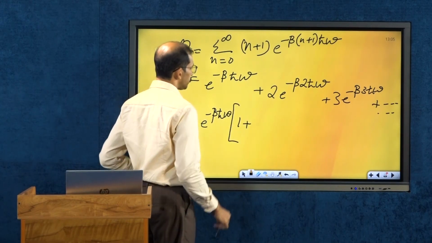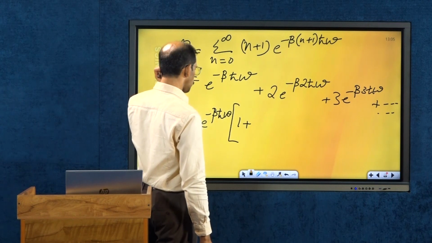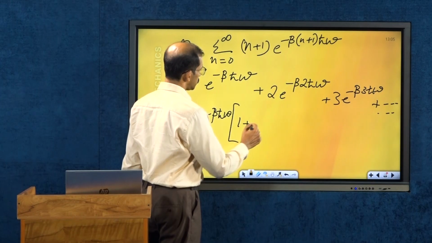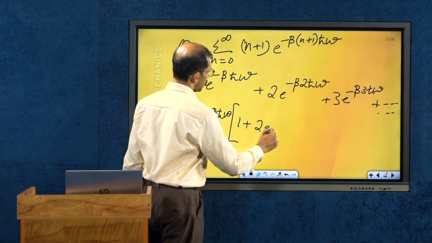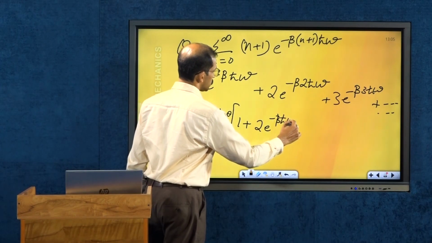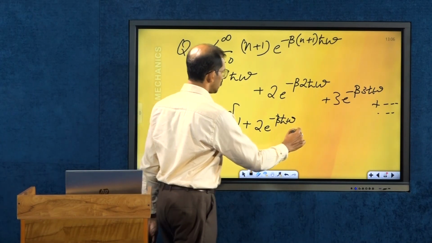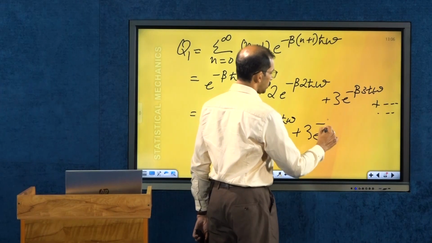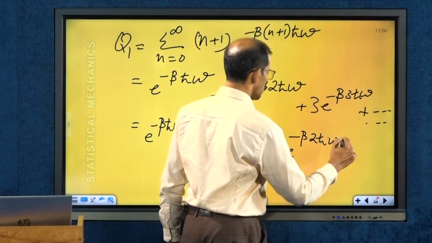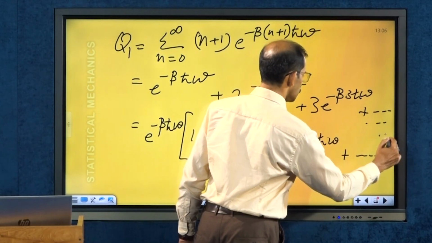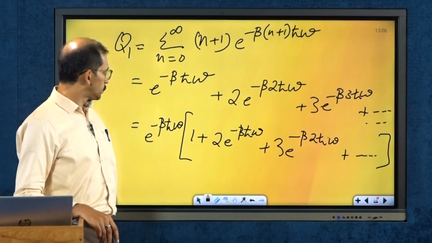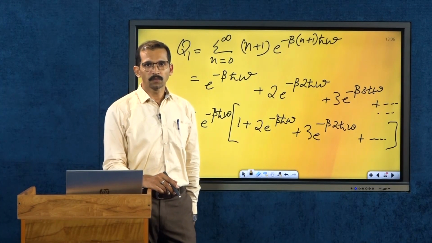Then in that case, I can write this as e raised to minus beta h cut omega times the square bracket 1 plus 2 e raised to minus beta h cut omega plus 3 e raised to minus beta 2 h cut omega plus etc. Right?